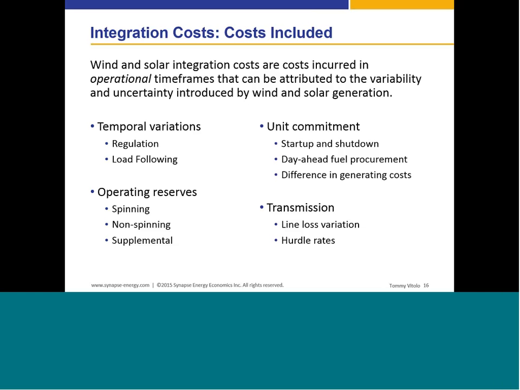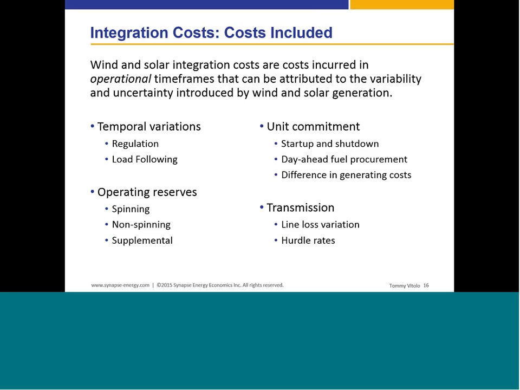So instead of dispatching Unit A, we dispatch Unit B, a gas unit, which is, say, $60 a megawatt hour. Well, now there's a difference in generating costs associated directly with the variability and uncertainty introduced by wind and solar. And that difference, that $20 difference, is associated with integration costs and reasonably should be included.